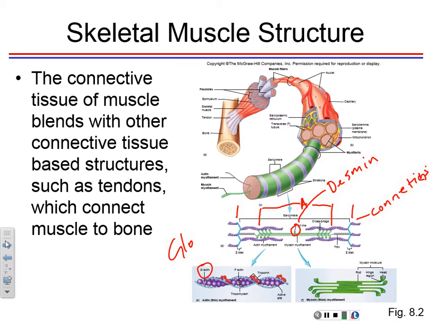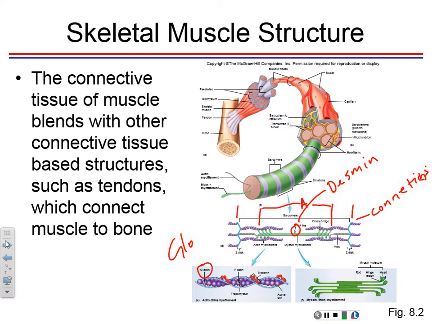So on the actin molecule, I want you to remember the tropomyosin and its function. What is the function of the tropomyosin? This blue protein. Cover the binding sites, right? And the function of the red three globular units here, the troponin, is that it's a binding site for calcium, but what does it do?